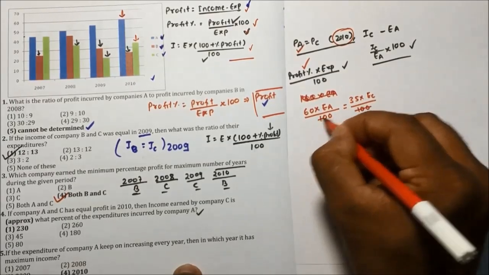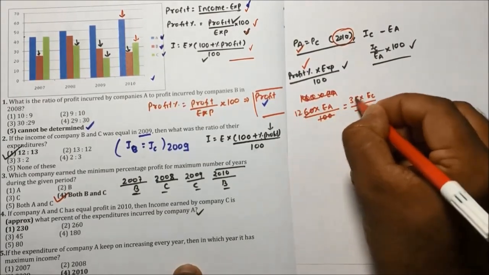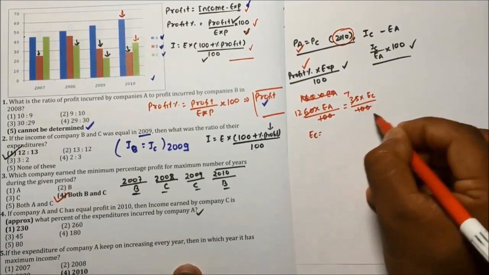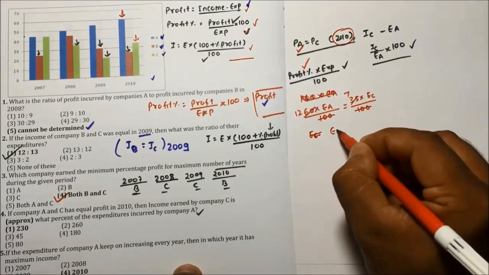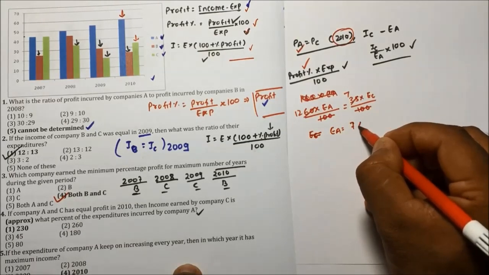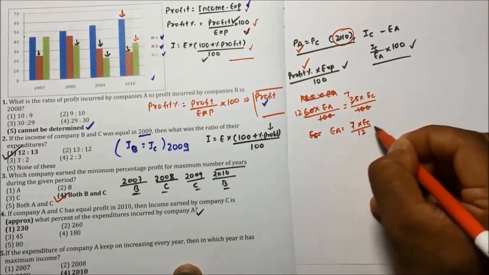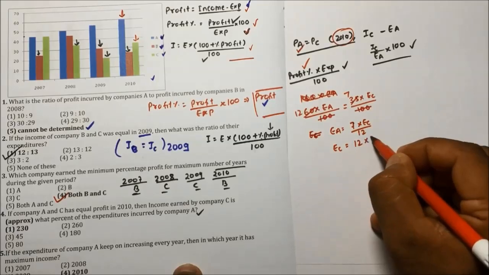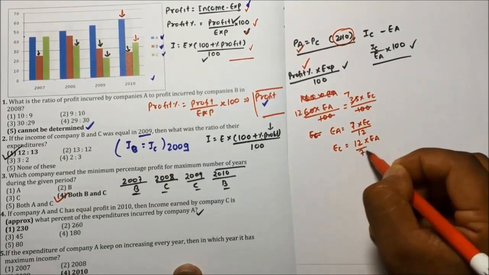Now you see 100 and 100 will get cancelled, 5 12 times and 5 7 times. From here I can write expenditure of A will be equal to 7 into EC divided by 12, or you can also write expenditure of C will be equal to 12 into EA divided by 7, right?